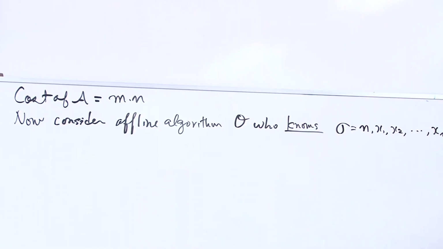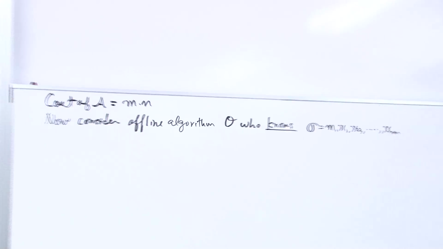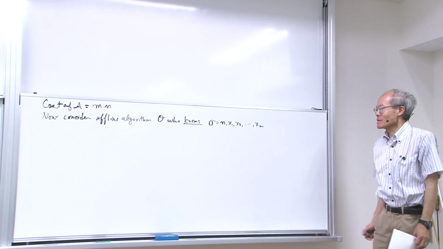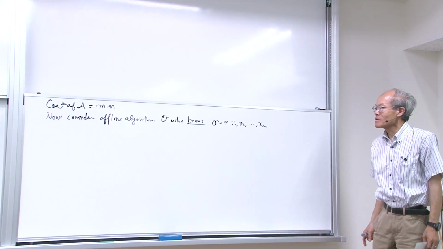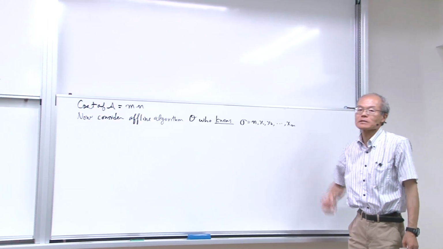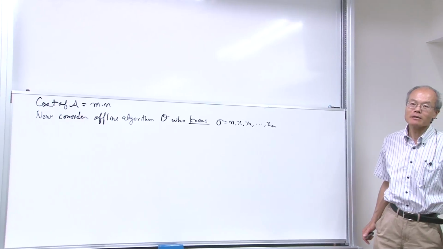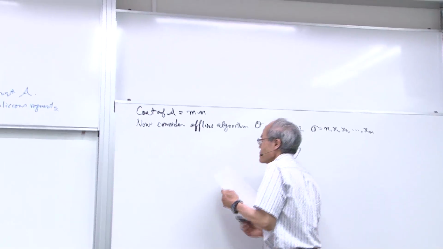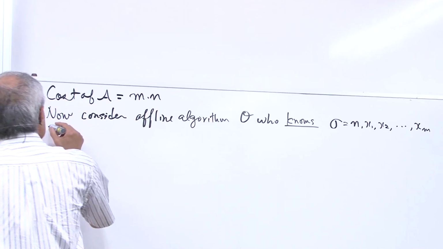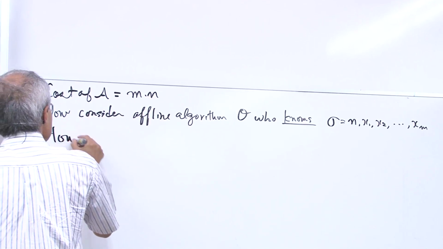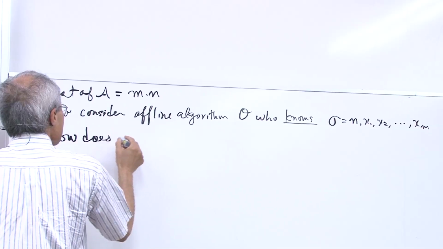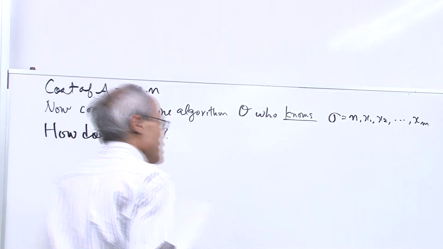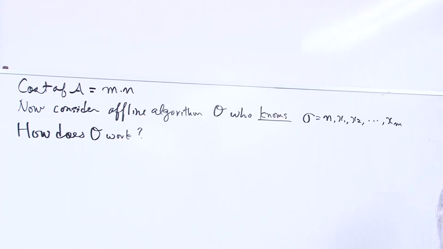Okay, now we consider offline algorithm O, the optimal algorithm, who knows the whole input in advance. The question is, what kind of algorithm is O?